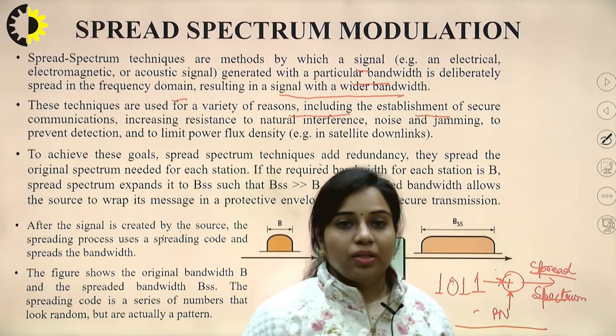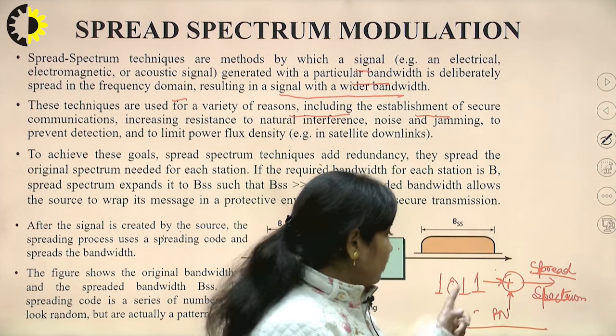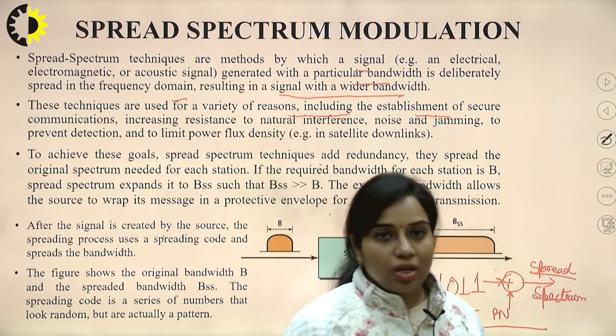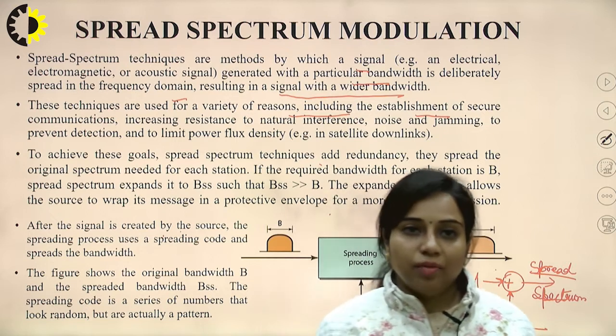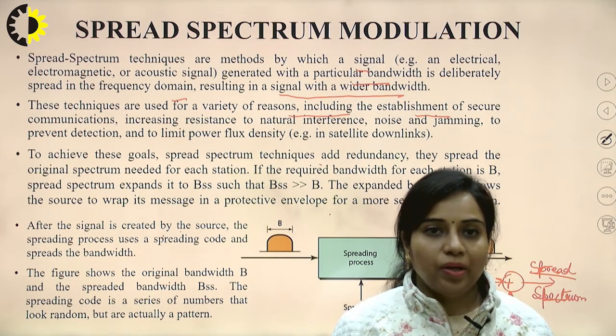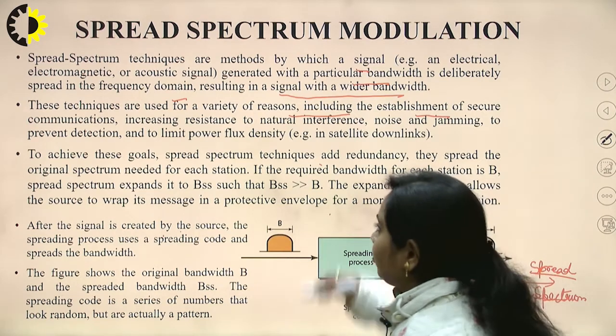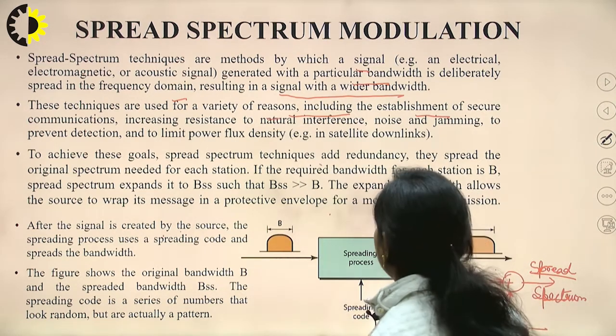Then only the data will be decrypted and you will get the actual information 1011. Otherwise the demodulation will not work properly, and noise will affect the quality of the signal.